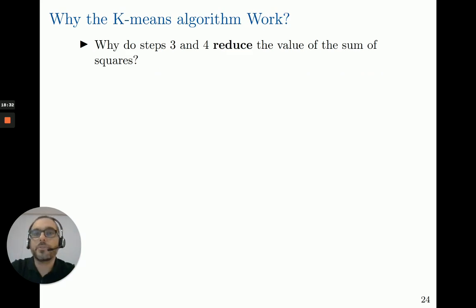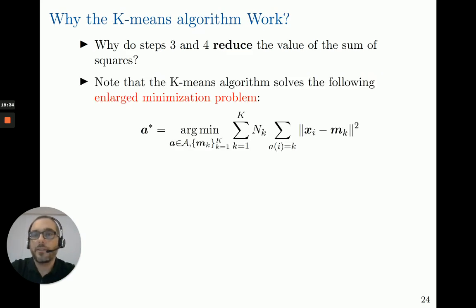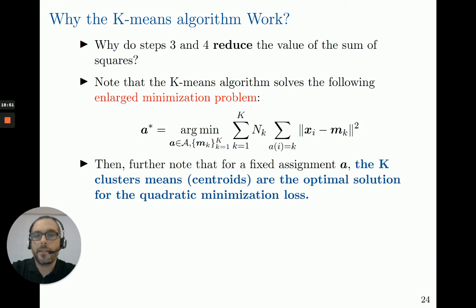Why do steps 3 and 4 reduce the value of the sum of squares? First, we can look at it as a joint minimization problem where we are looking for the assignment rules and the M's, the optimal centroids. We are going to find the assignment A star this way. And note that for a fixed assignment, the K cluster means, the centroids, are the optimal solution for the quadratic minimization loss.